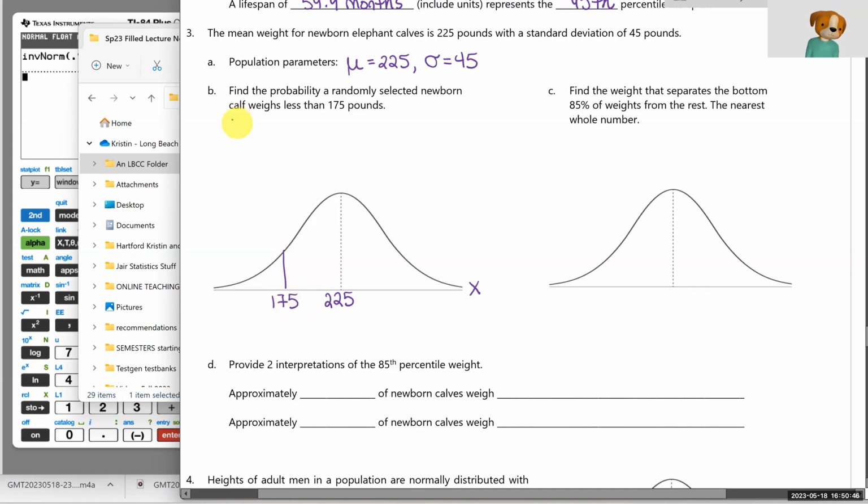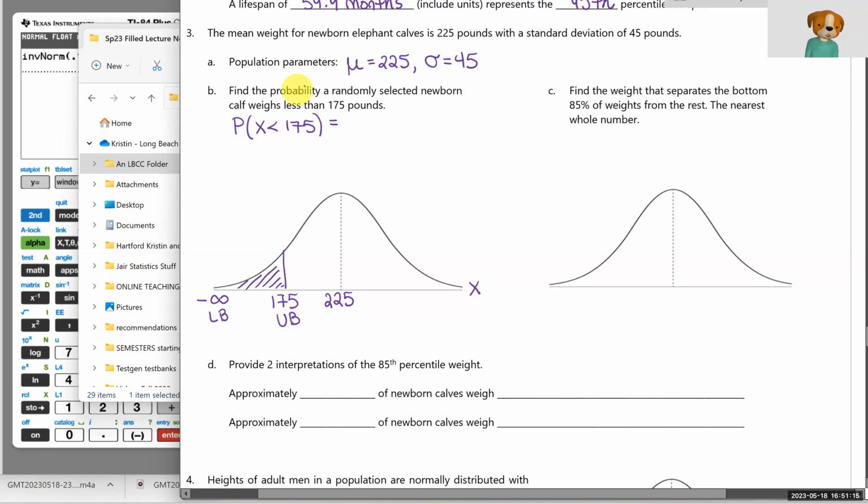So if we're looking for the probability that a calf weighs less than 175 pounds, those would be calves with weights to the left of the 175. Theoretically, the graph does continue indefinitely to the left, so negative infinity is our lower bound, and then our upper bound.